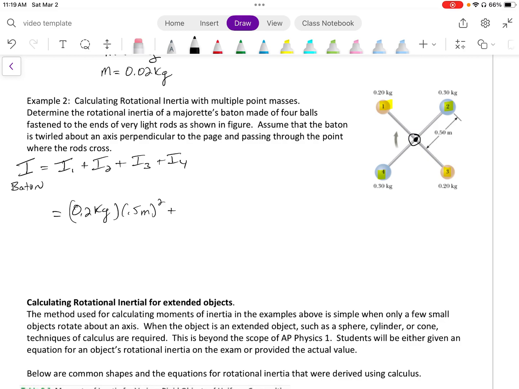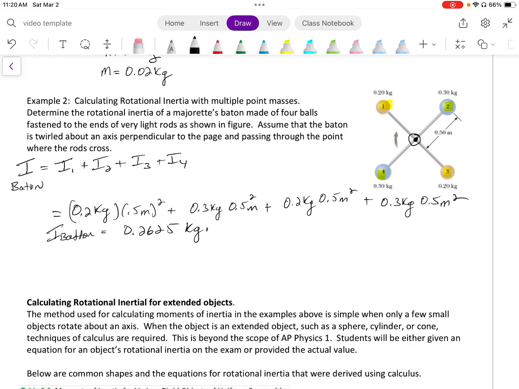I2 is 0.3 kilograms times 0.5 meters squared, plus I3, which is 0.2 kilograms times 0.5 meters squared, plus I4 is 0.3 kilograms times 0.5 meters squared. If we add all those up, we will find the I for the baton to equal 0.2625 kilograms meters squared.